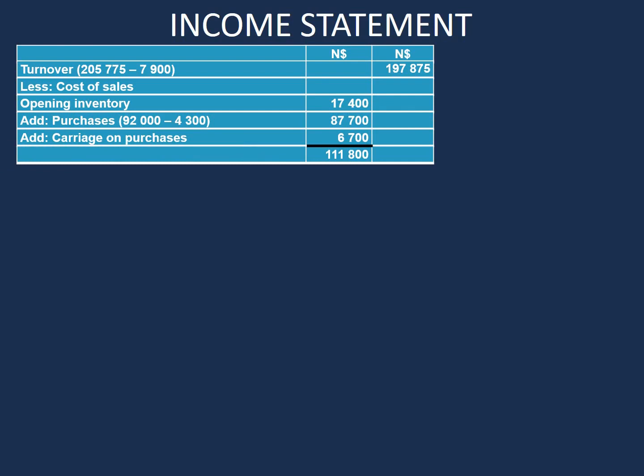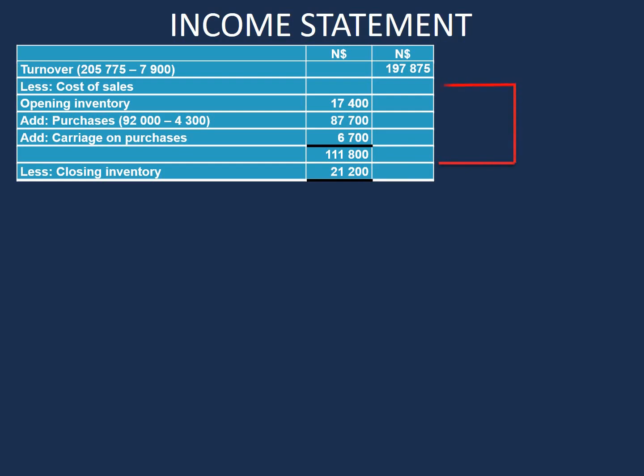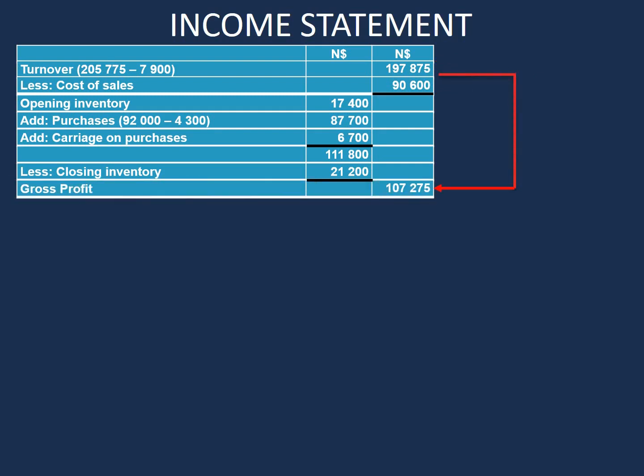After we get that total, we will subtract our closing inventory, and that will give us our amount for our cost of sales. Once we have our cost of sales, we can subtract it from our turnover, and that will give us our gross profit.